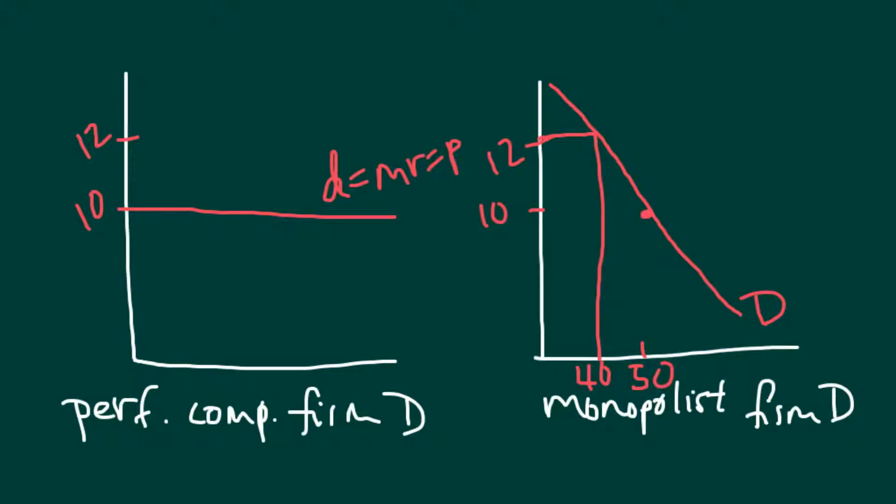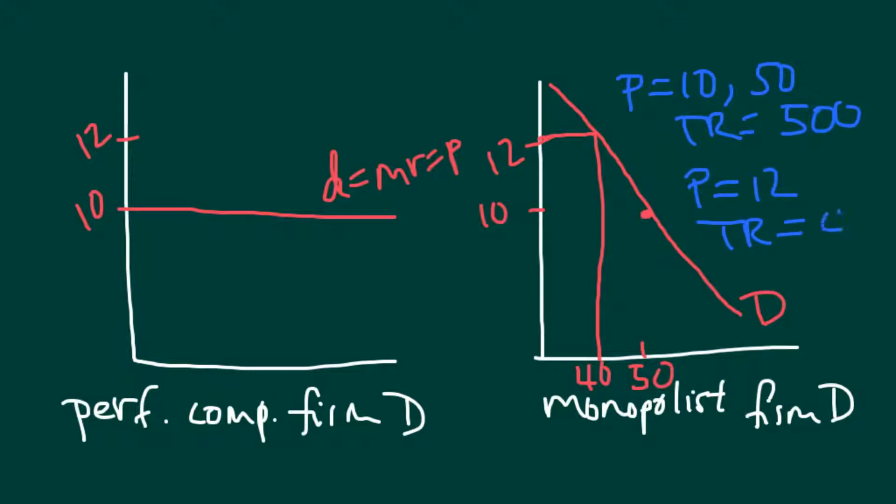We see that when the price was $10, they sold 50. So total revenue is 500. When the price is 12, they sold 40. So total revenue is 480.